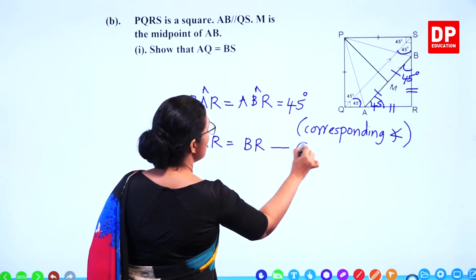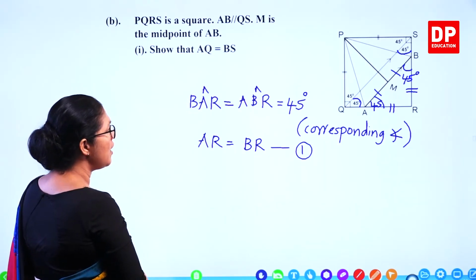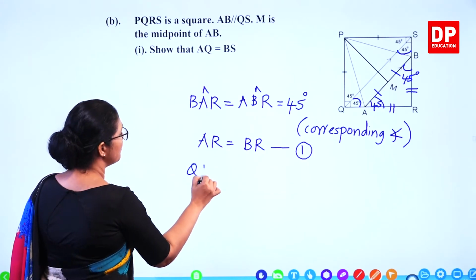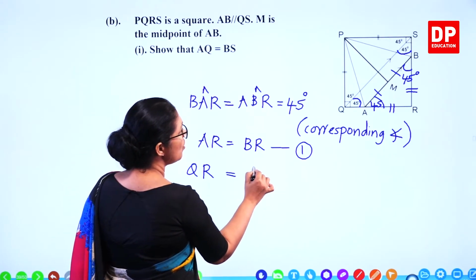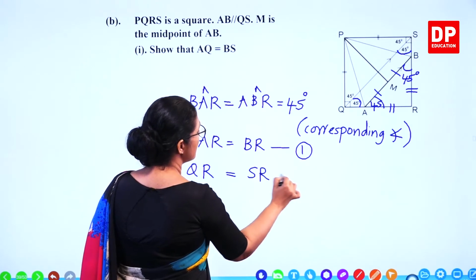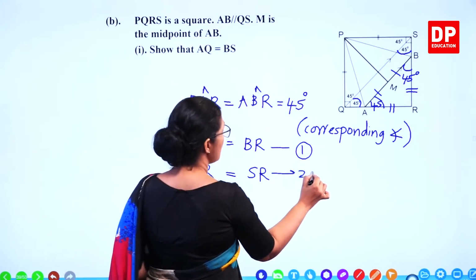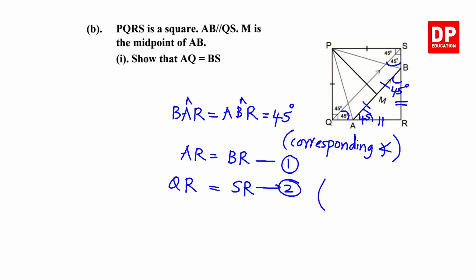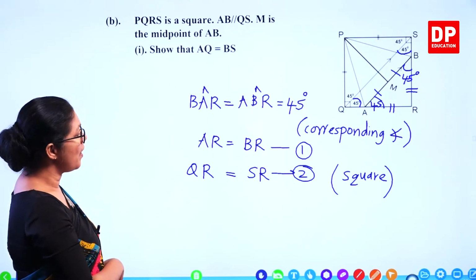That's our first equation. But we know QR is equal to SR. That's our second equation, because it's a square. All sides are equal in the square.